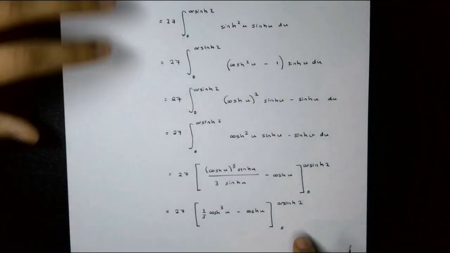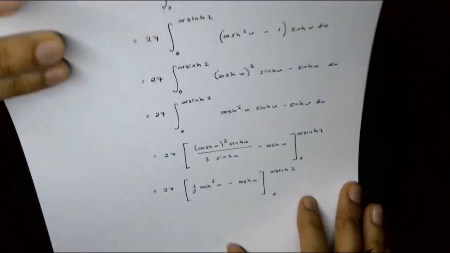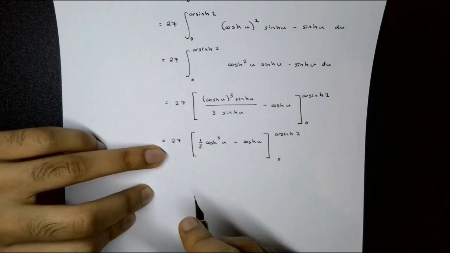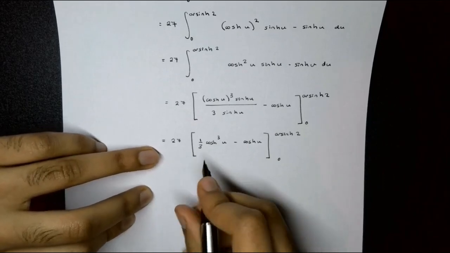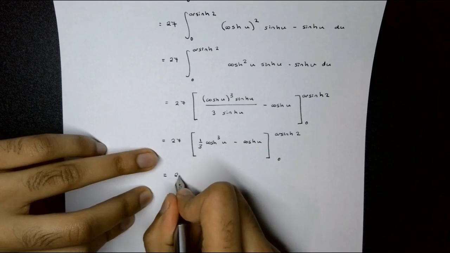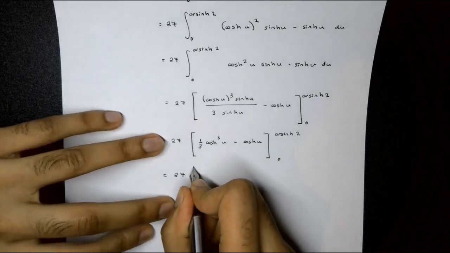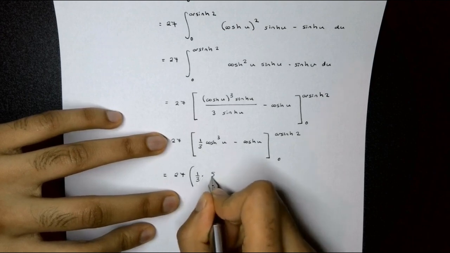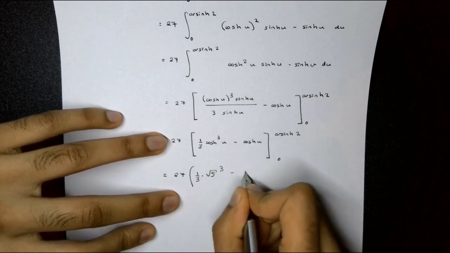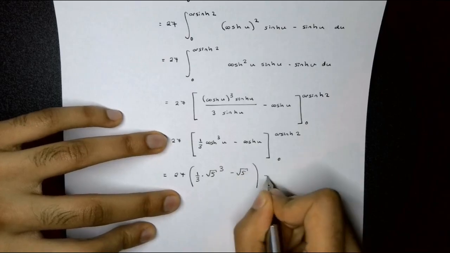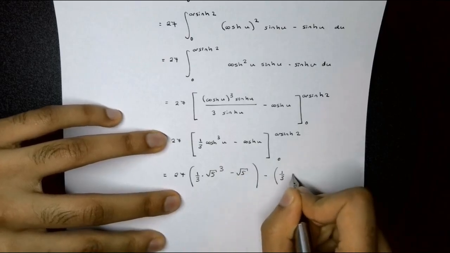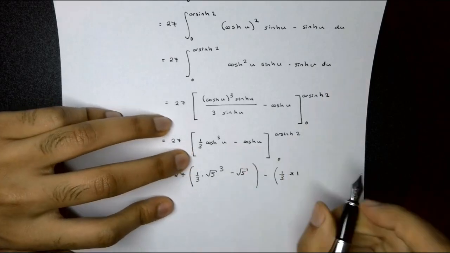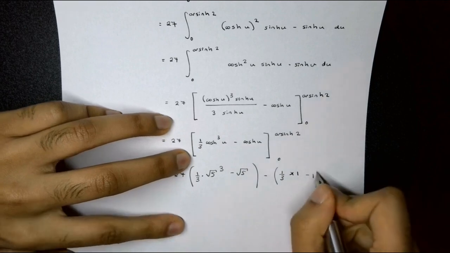So why is this important? Because now what we can do is substitute in everything as necessary. So if we use that, we've got 27 lots of, well, for our upper limit, we're going to have 1/3 times by root 5 cubed minus root 5. And then for our lower limit, we're going to have 1/3 times by 1, because hyperbolic cos of 0 is equal to 1, minus 1.